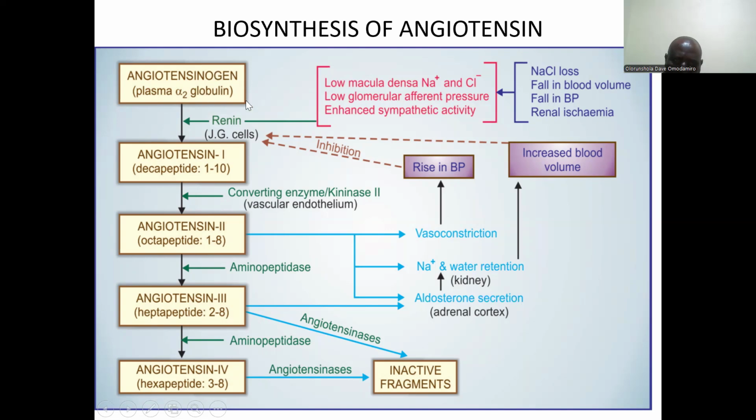We have earlier said that angiotensinogen is produced in the liver. And when there is a decrease in blood pressure, a decrease in sodium and chloride, and the sympathetic nervous system is activated, the kidney will produce this enzyme called renin.